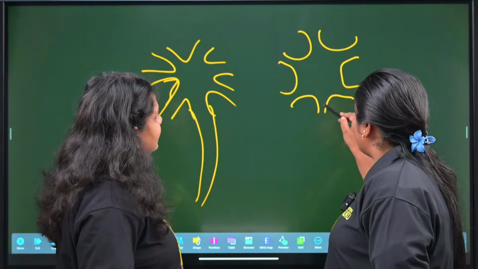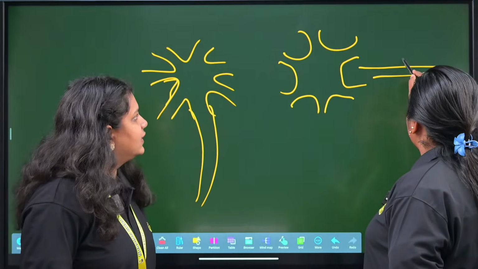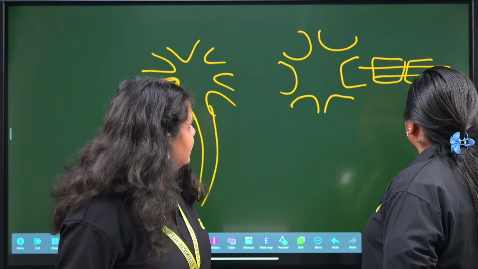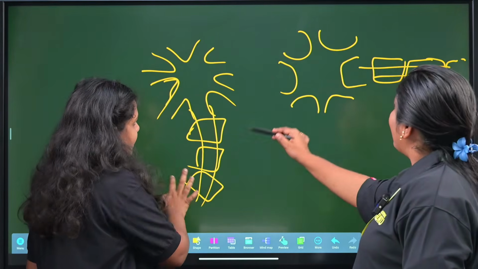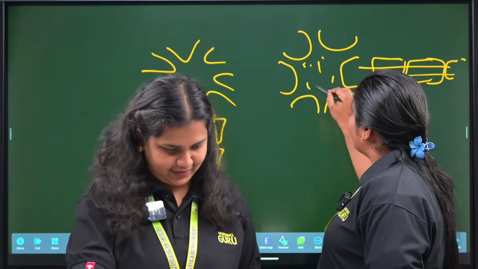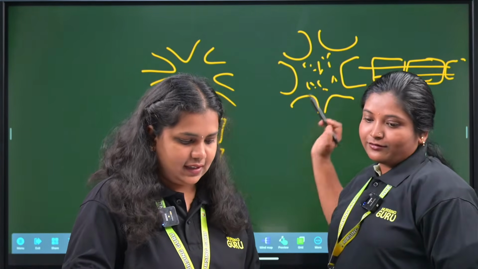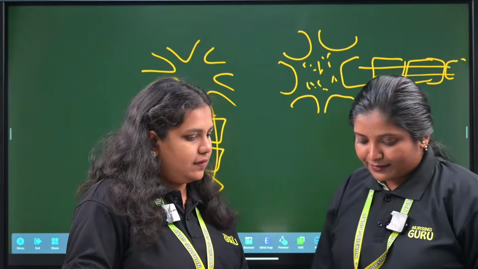This is very easy to draw. So this is the structure of the neuron. That is very important. The function and the structure of the neuron you should study.